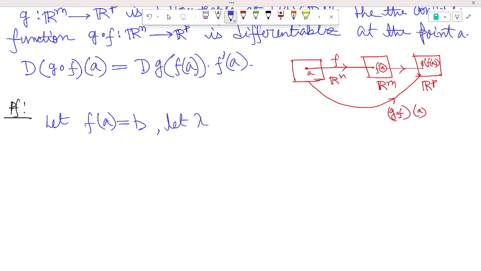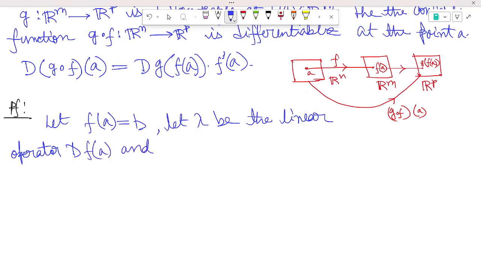Let lambda be the linear operator or the linear map, what is the linear map? d of f at a, and mu be the linear map d of g at f(a).